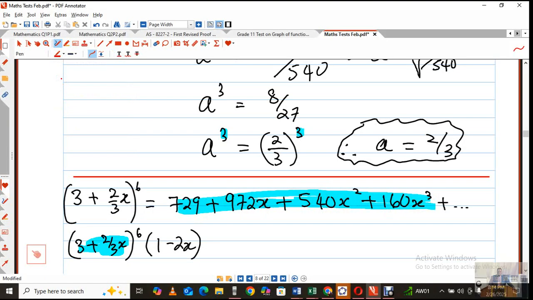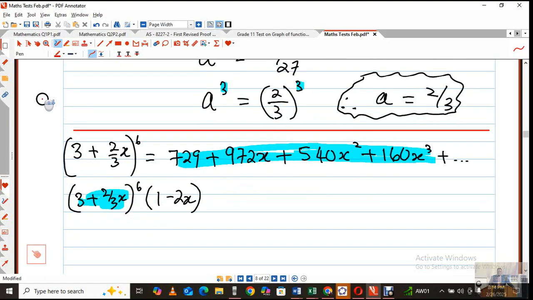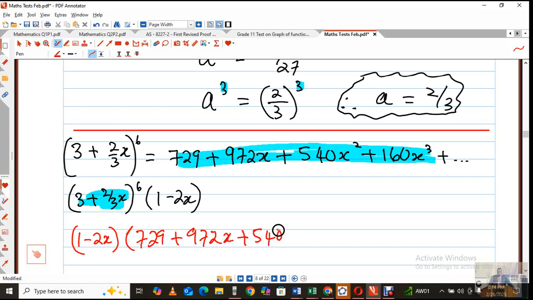So I'm going to rewrite it where I have the 3 plus 2 raised to the power of 3 x. I'm going to rewrite it with maybe I could take 1 minus 2x right in the front, and then I will have the 729 over here plus 972x over here plus 540x squared plus 160x cubed.